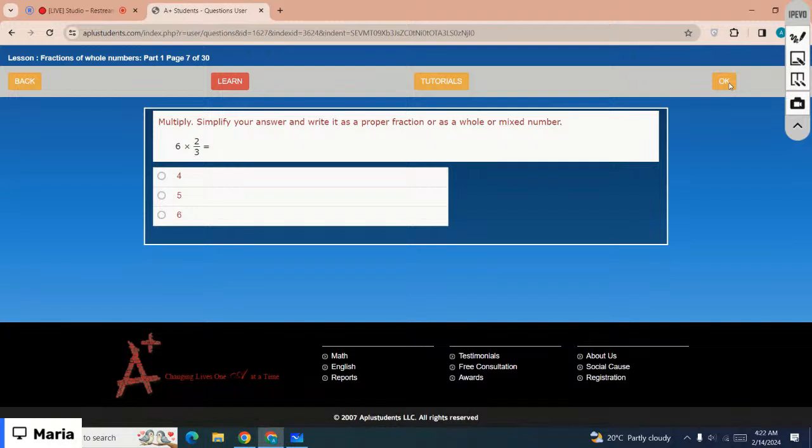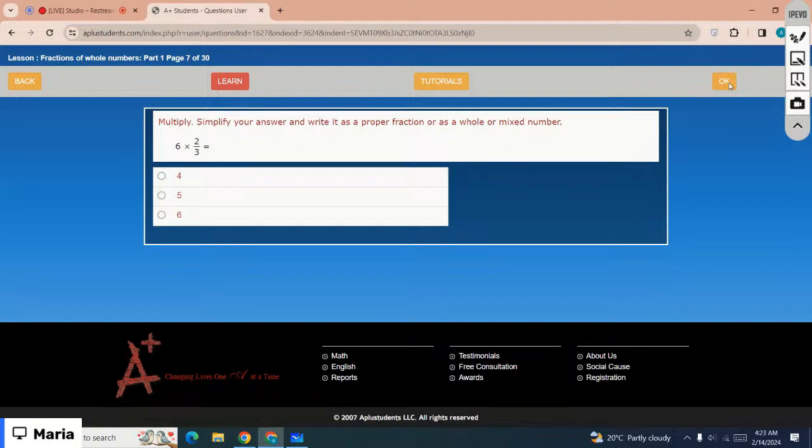Multiply 6 times 2 over 3. Why do you guess the answers? Where is your notebook and pencils? Why don't you solve the question and just write the answer? This is math. You cannot do math without your notebook and pencil. If you are in grade 1 or 2, it's okay.